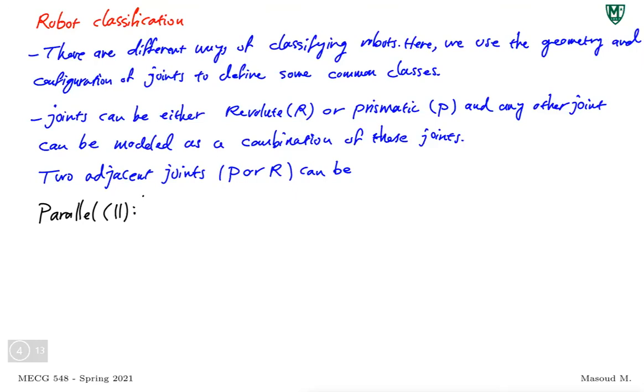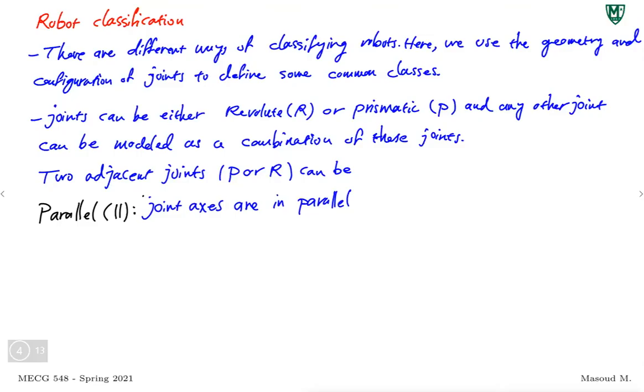Well, when joint axes are parallel, simply those joints are parallel. So in this case, when we have a parallel configuration, we're saying basically the joint axes are parallel.